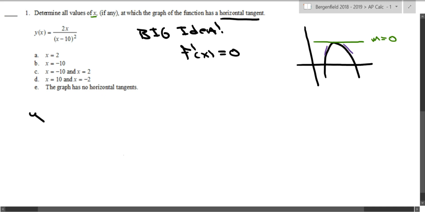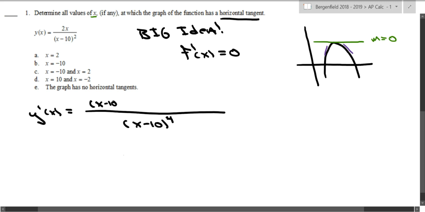Okay, so this is a challenging one in terms of taking this derivative. We have to use the quotient rule, and the numbers are going to get pretty large, so we have to be very careful. Using the quotient rule, I take the denominator and I square it, so 2 times 2 is 4, and then I just put the original function here. And then I take the derivative of the numerator, which is just 2. I'll put a minus sign in, and I'll leave the numerator alone this time.